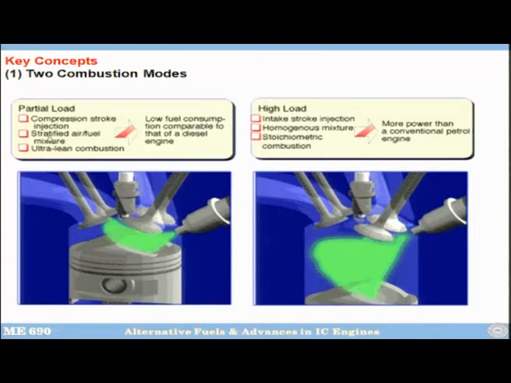So this is a compression stroke injection. Here a stratified air-fuel mixture is formed because the fuel will be concentrated very close to the spark plug. In other areas there will be no fuel. So this is a stratified air-fuel mixture, and overall this is a very ultra lean combustion, and this leads to very low consumption comparable to that of diesel, and you can have higher efficiency.